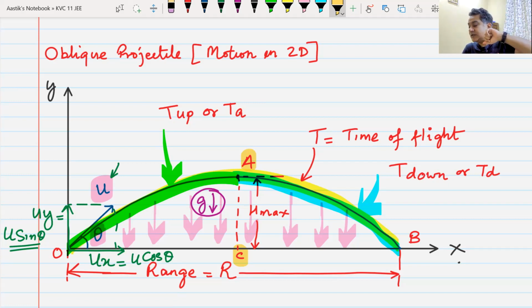Time taken to go up is the time taken from O to A. Time taken to come down is the time taken from A to B. Will there be any relation between them? Time taken to go up is equal to time taken to come down. That is correct.